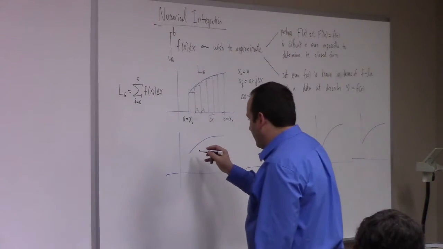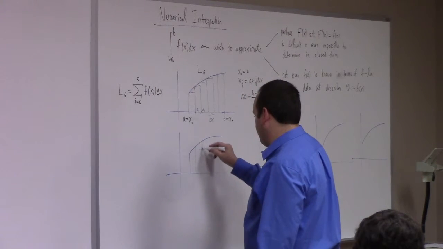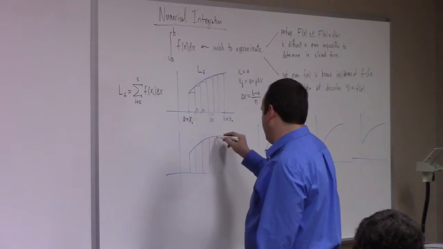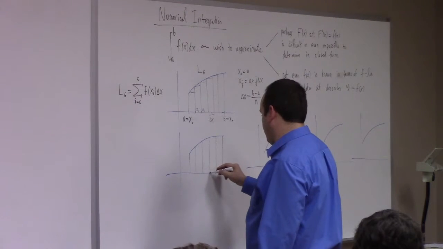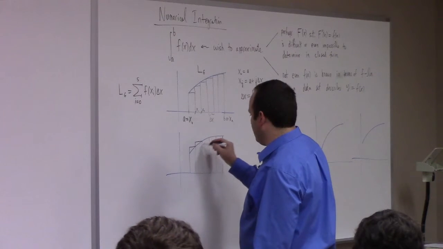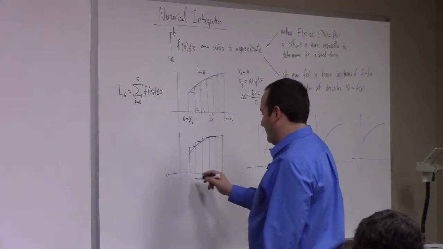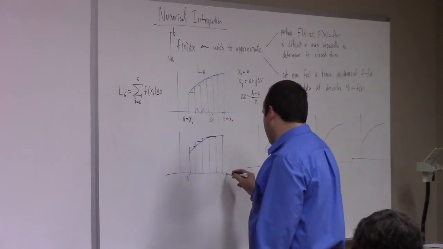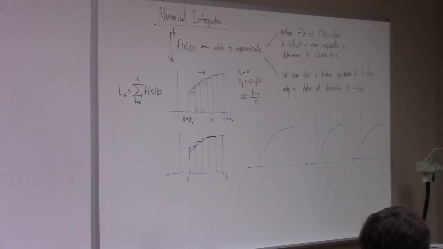What would be the next kind of thing you might try? Apparently I've drawn it with 5. What if we choose the other endpoint, like this? Again, going from A to B, the labeling of the x0 through xn stays the same for all these. This is the so-called right endpoint rule.